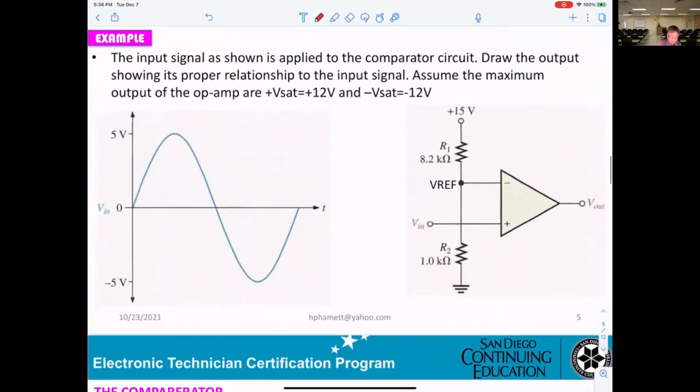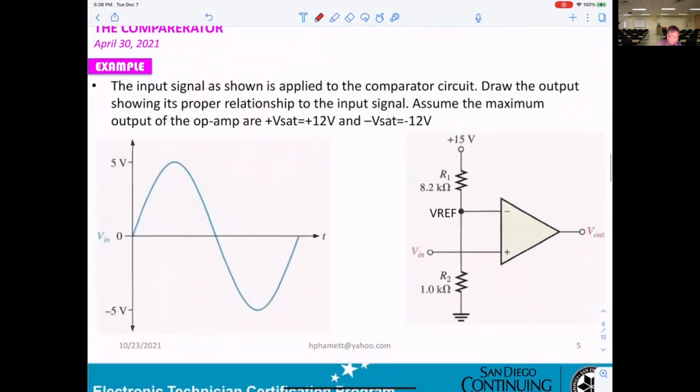Now let's see what they want here. Example. The input signal is applied to a comparator circuit. Draw the output showing its proper relationship to the input signal. Assume the maximum output of the op-amp, plus V saturate, is 12 volts and minus V saturate is minus 12 volts.